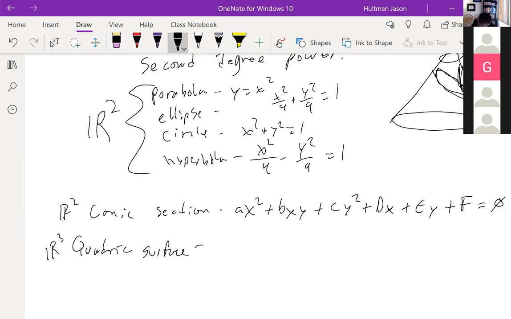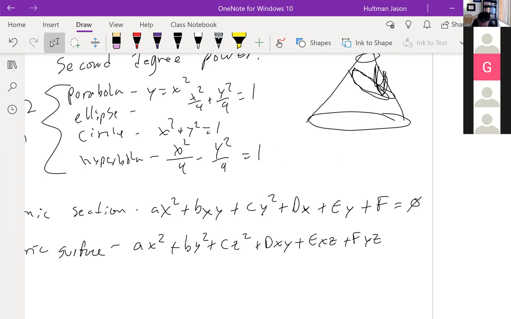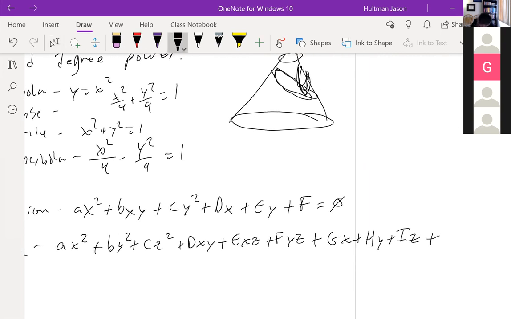So for a quadric surface, it could be Ax squared plus by squared plus cz squared, so we've got a z now, plus dxy plus exz plus fyz, plus gx plus hy plus iz plus j equals 0.